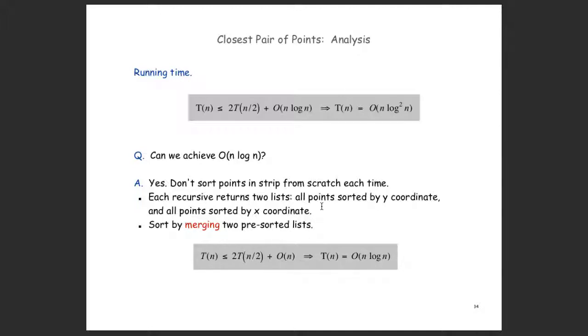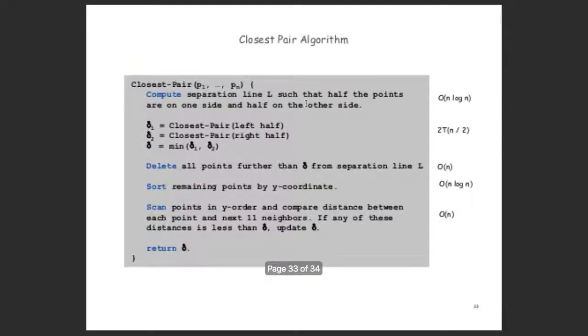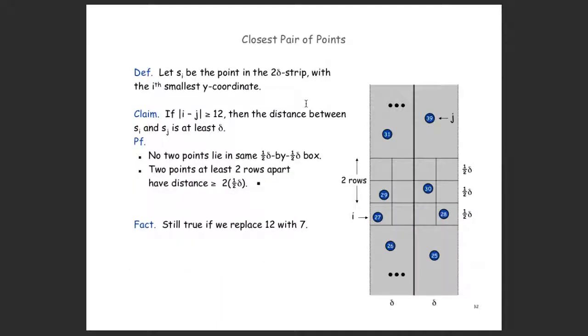Basically what we get here is 2 halves, and this stuff can be done in order of n log n, by sorting and sort of merging those two things.